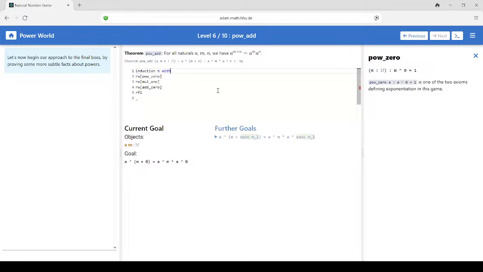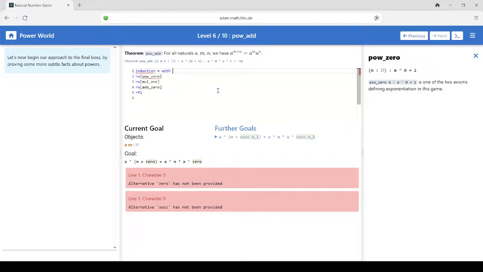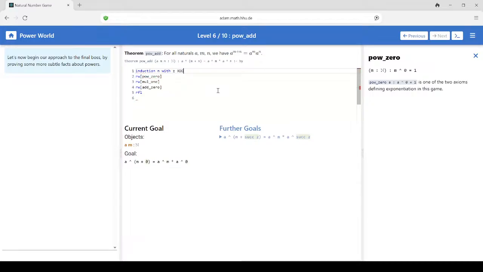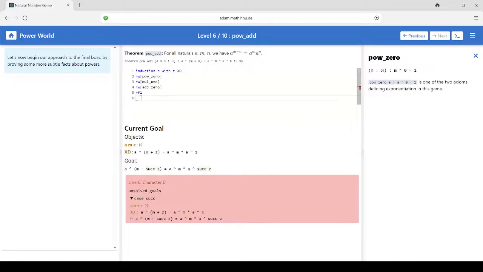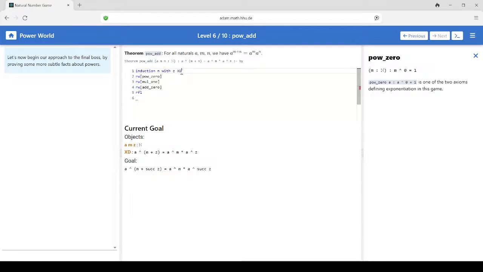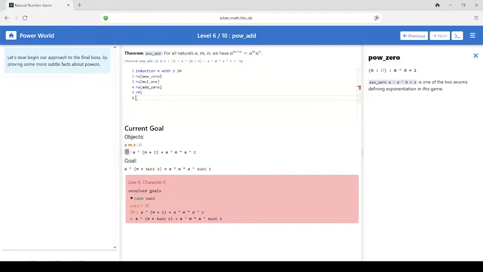I'll say with. Okay. We'll call this induction hypothesis. And I guess Z is a fine letter. It's better than looking at underscore N1 or N underscore 1.